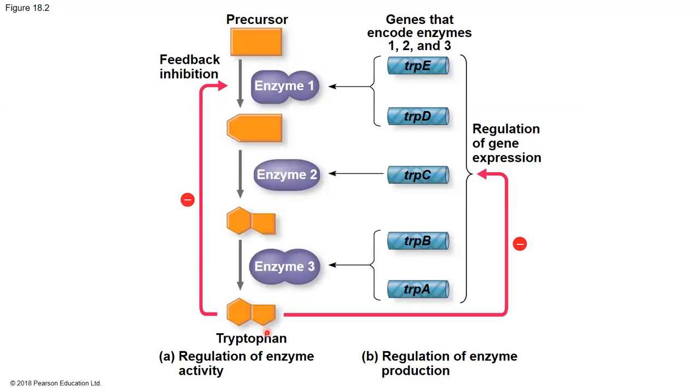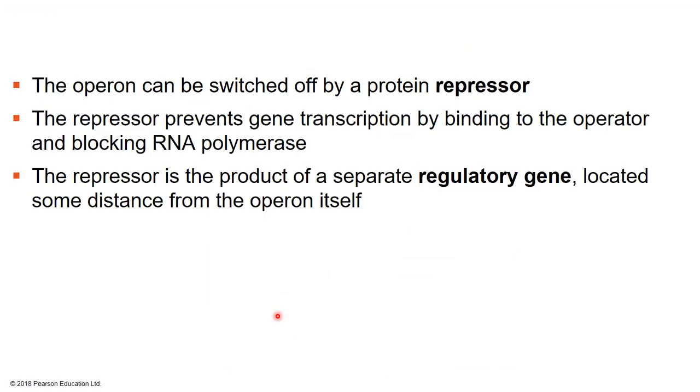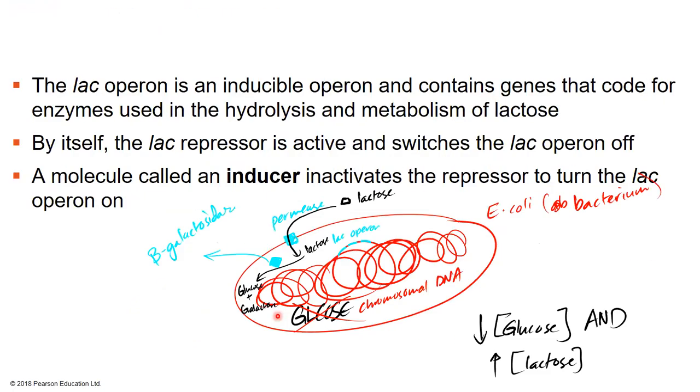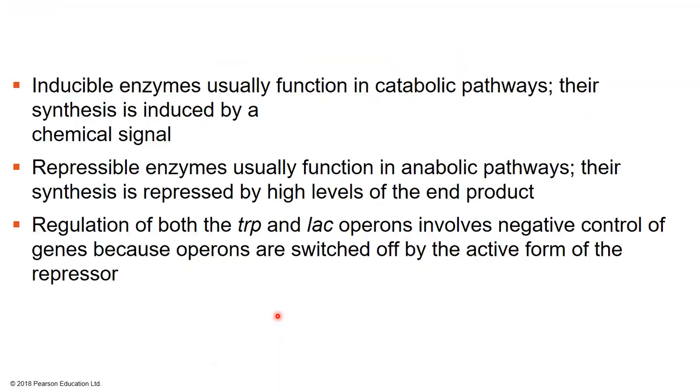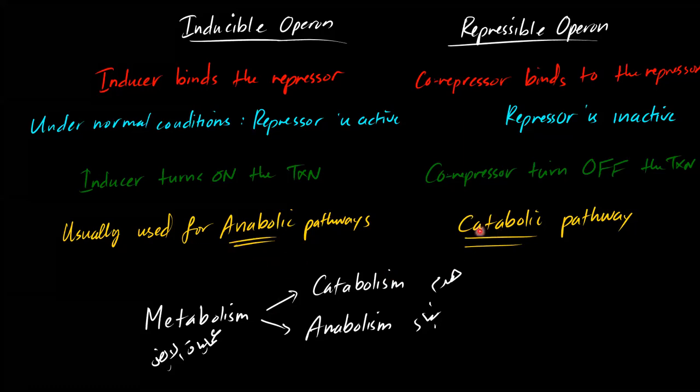Several enzymes that are important for the synthesis or anabolism of tryptophan. So this is the difference between catabolic and anabolic pathways. Catabolic pathways are the chemical reactions that are important for the degradation or the breakdown of molecules. Anabolic pathways involve biochemical reactions that are important for the synthesis of molecules.